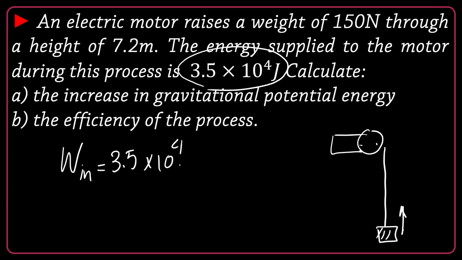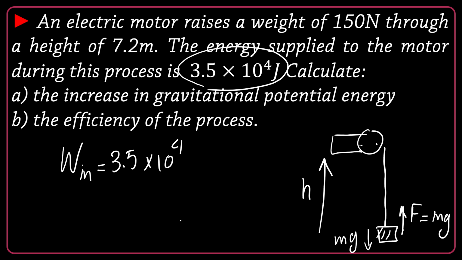Calculate the increase in gravitational potential energy. Okay, it's very easy. The minimum force I need to lift up the object must be equal to mg, at least to keep a constant speed upward. And so this force is mg. And also you know that this vertical displacement is h.